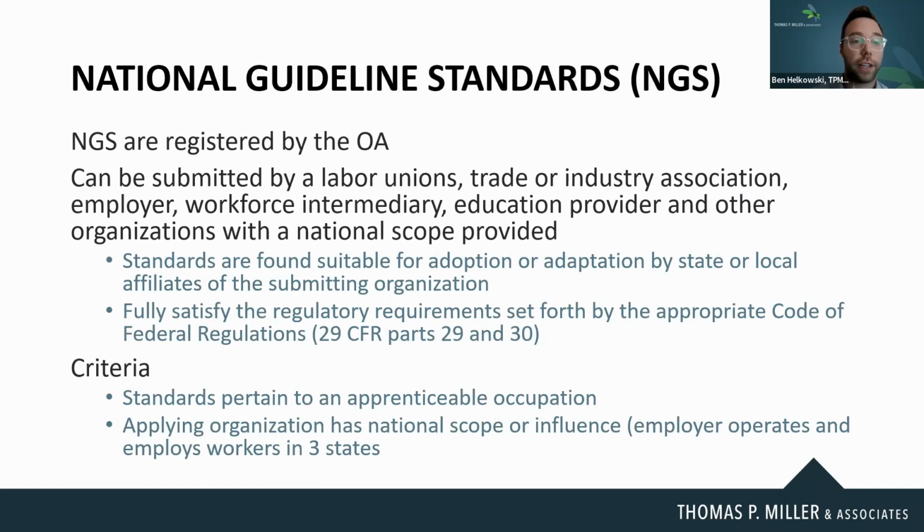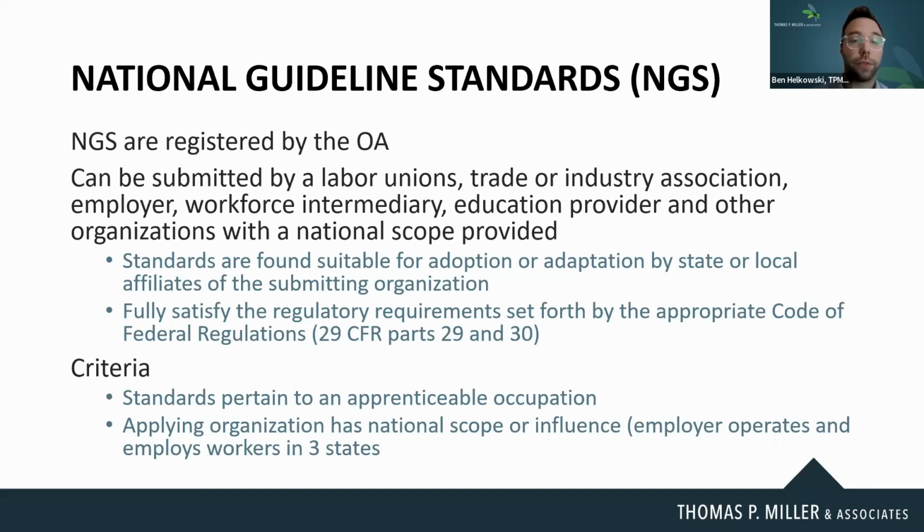So next, national guideline standards are also registered by the Office of Apprenticeship. They can be submitted by labor unions, trade or industry associations, employers, workforce intermediaries, education providers, and other organizations with a national scope.